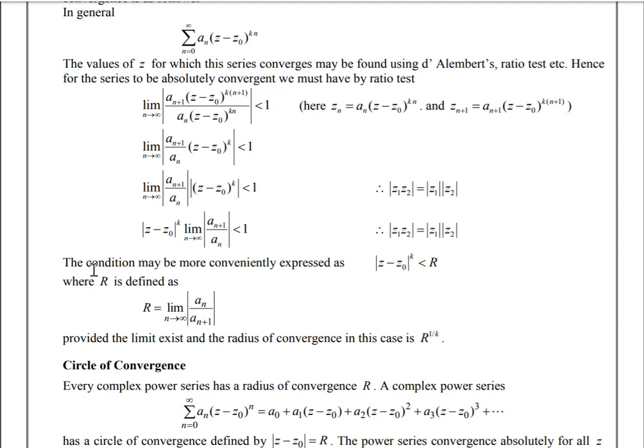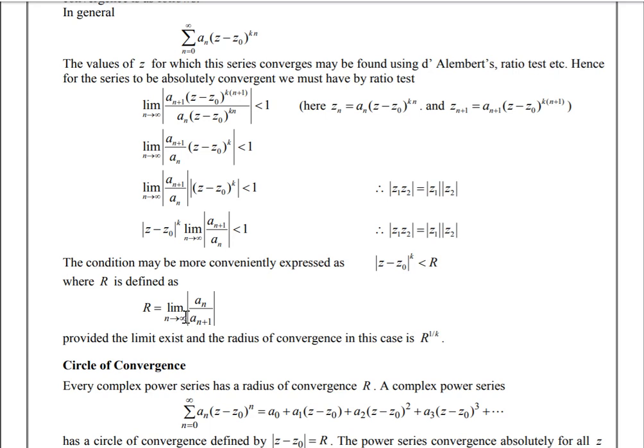Now note that mod of z minus z naught power k can also be written as mod of z minus z naught, power k. First power then mod, or first mod then power k. This condition again can be written conveniently as mod of z minus z naught power k less than r.